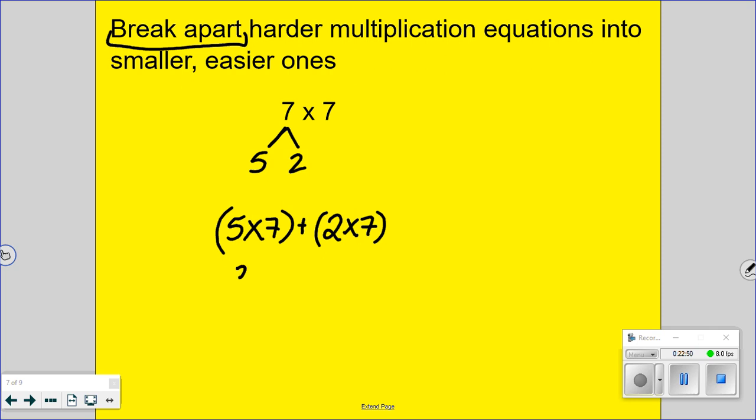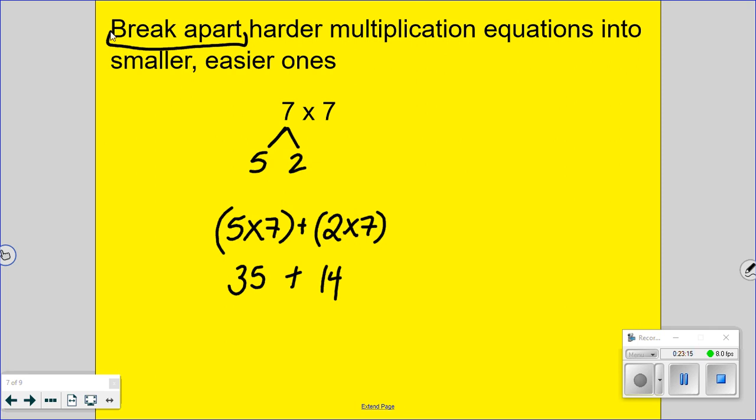Underneath 5 times 7, I'm going to write 35 because I know 5 times 7 is worth 35. It's another way of writing that. Plus 2 times 7. Again, if you don't know, get those fingers going. Fingers take longer. Brogan? 14. 14.